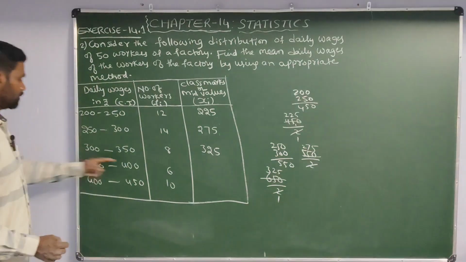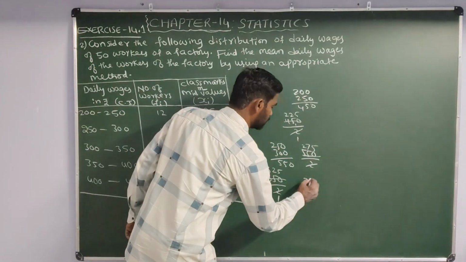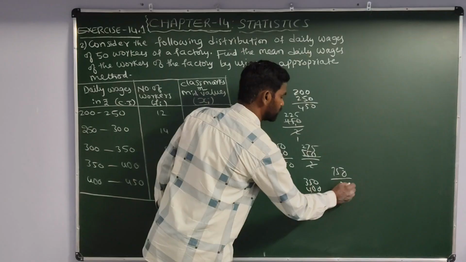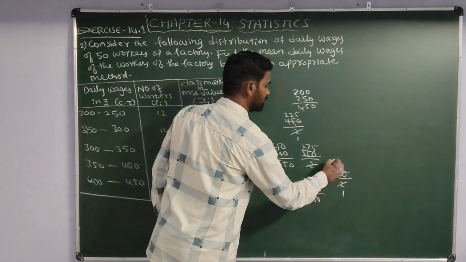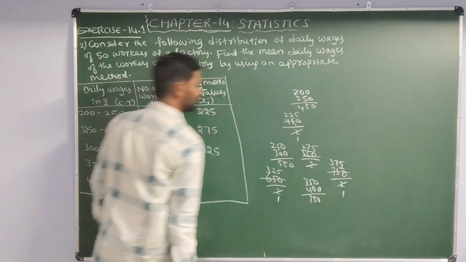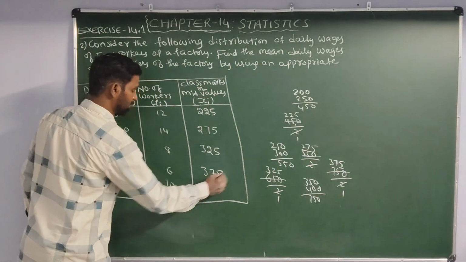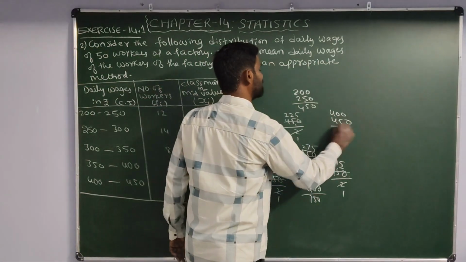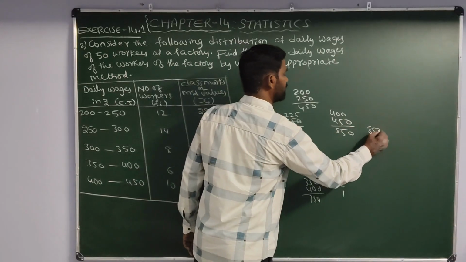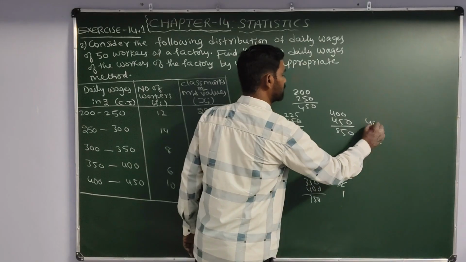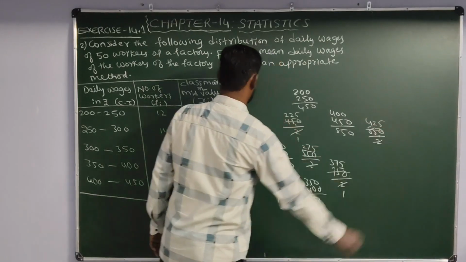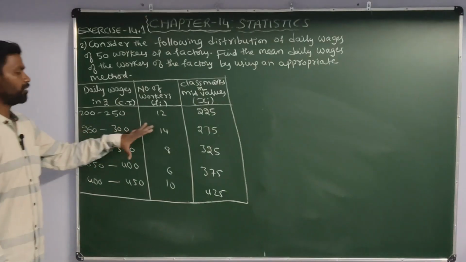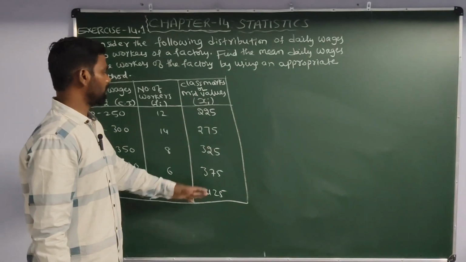Next, 350 to 400: it is 750, and 750 divided by 2 is 375. Next, 400 to 450: it is 850, and 850 divided by 2 is 425. In this manner, we have to find the class marks or mid values.